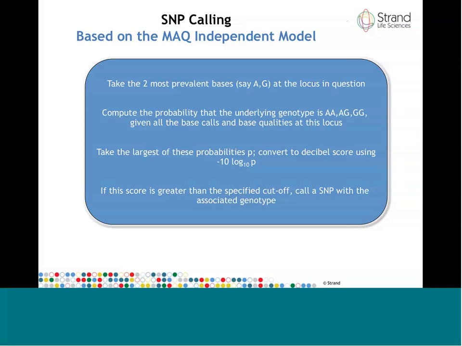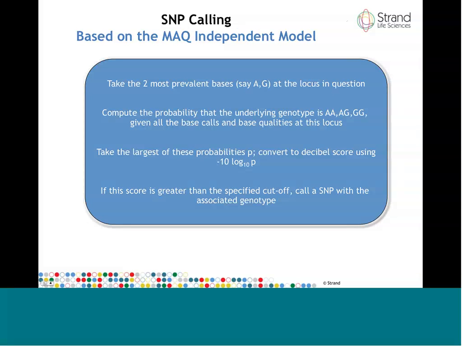So you've computed three probabilities. You take the largest of these, and instead of reporting it as a probability, we actually convert it to what we call a decibel score, meaning you take it to the -10 log base 10 scale. This scale ensures that the larger the decibel score, the higher the probability, and the greater the confidence in the call.